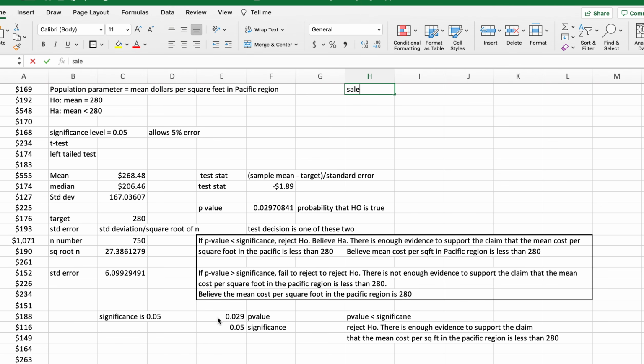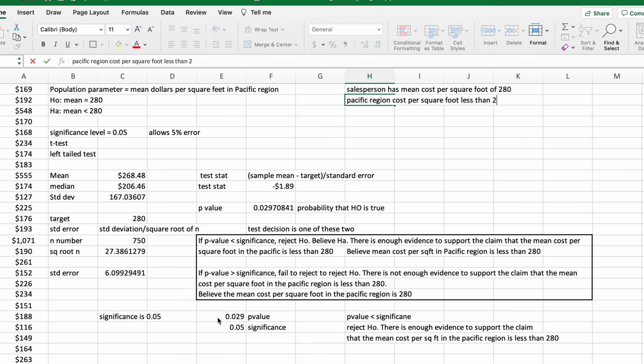Okay, the salesperson has a mean cost per square foot of 280. But the Pacific region, we found to have a cost per square foot less than 280. Okay, what's this mean for all this? Salesperson sells homes with higher dollars per square foot.